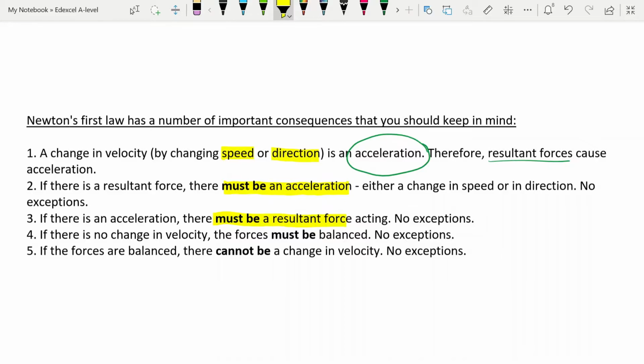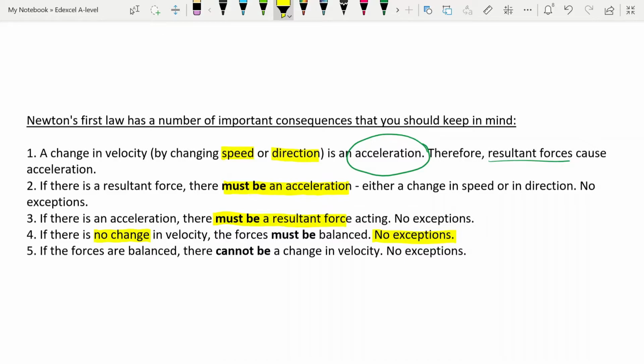If it's accelerating, it's got to have a resultant force. And that resultant force will be in the direction that it's accelerating. If there's no change, no resultant force. Again, no exceptions. So if you look at an object and there's no change in its speed or its direction, then you know that any forces that are on it, either vertically or horizontally, must be balanced. Again, no exceptions to this.